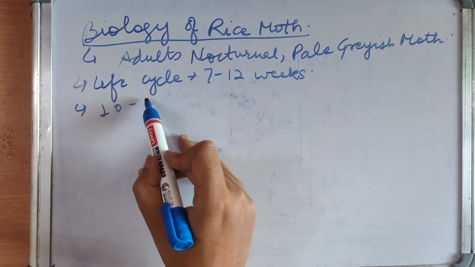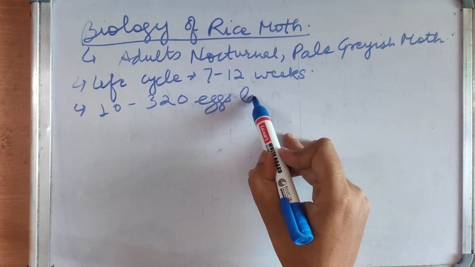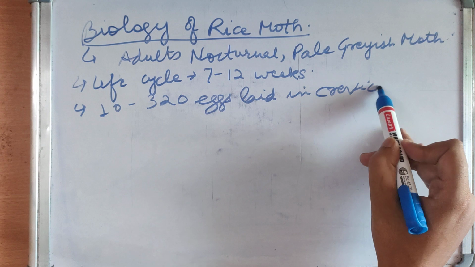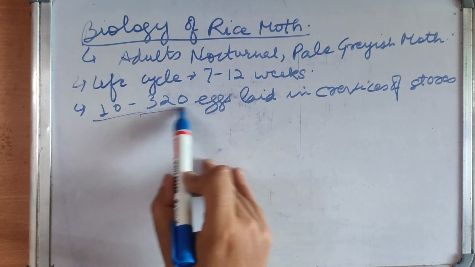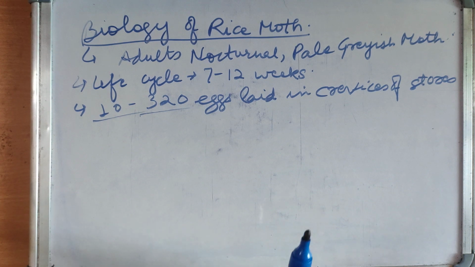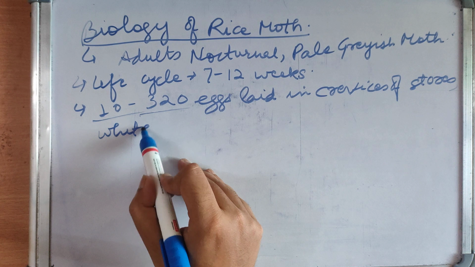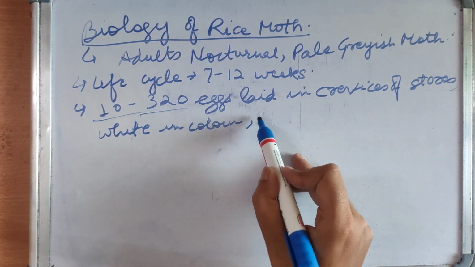It lays 10 to 320 eggs, laid in crevices of stores. It is high in number. The color of the eggs is white, and they are oval.